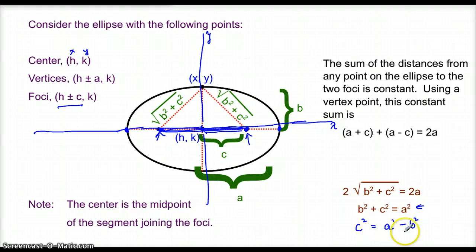We're used to seeing c squared equals a squared plus b squared, so just be careful. This is a little bit different when we're dealing with ellipses, the way we have the values defined. But that will allow you to get your c value when we're working on problems.